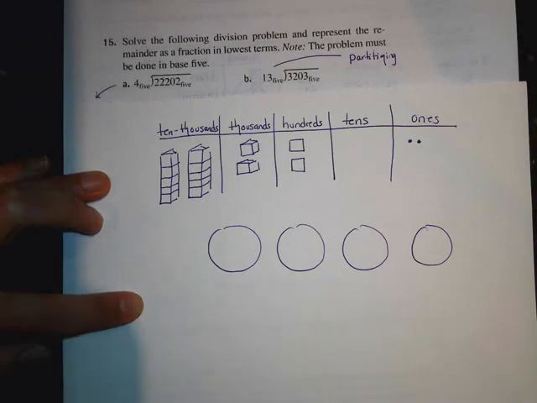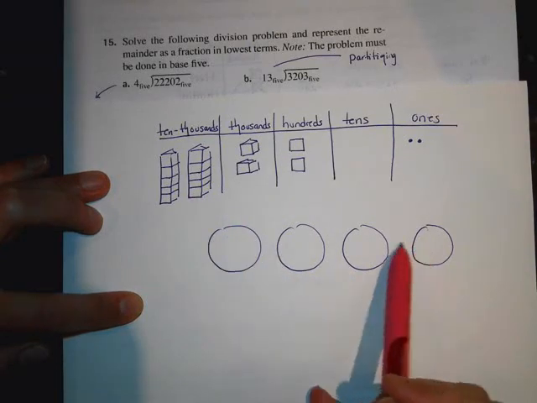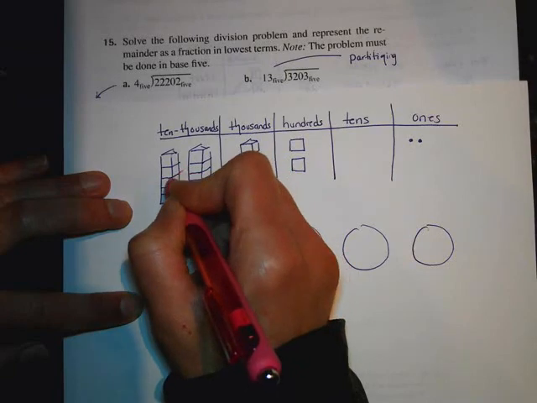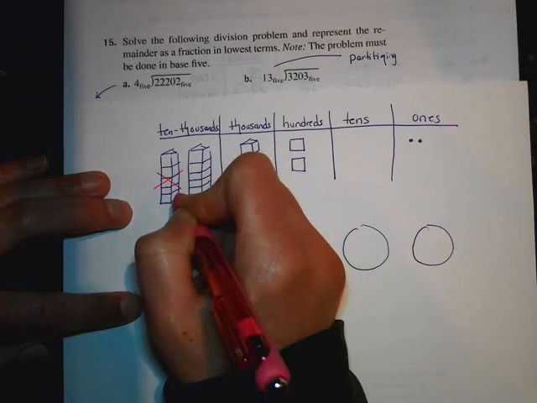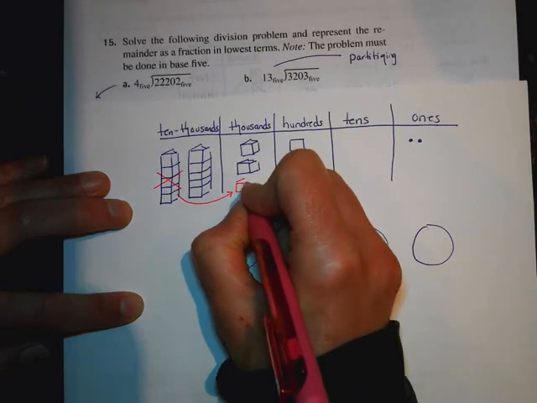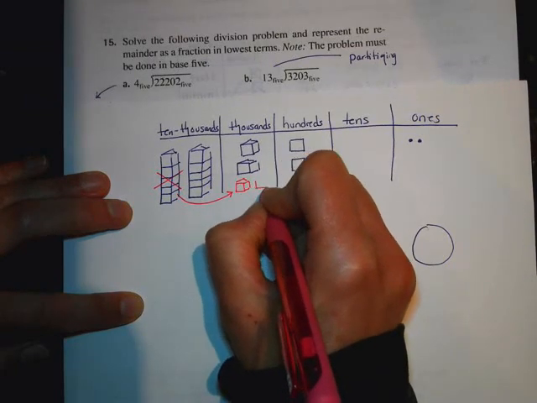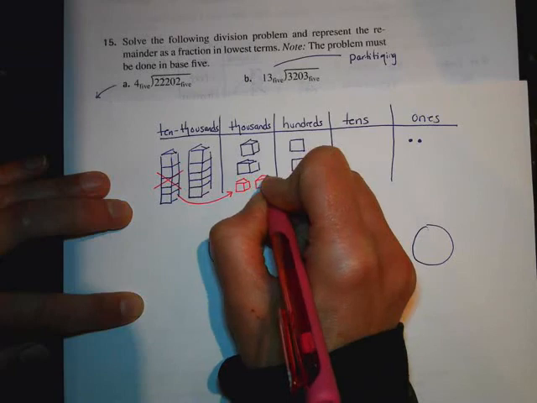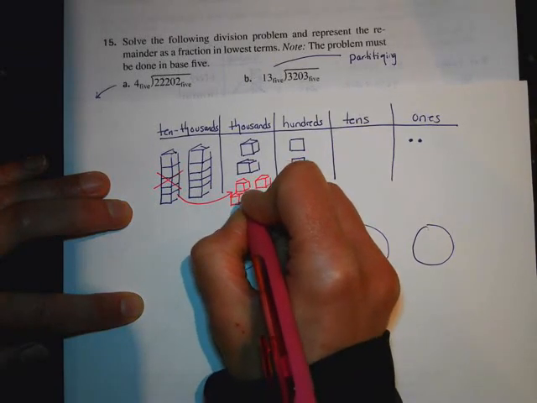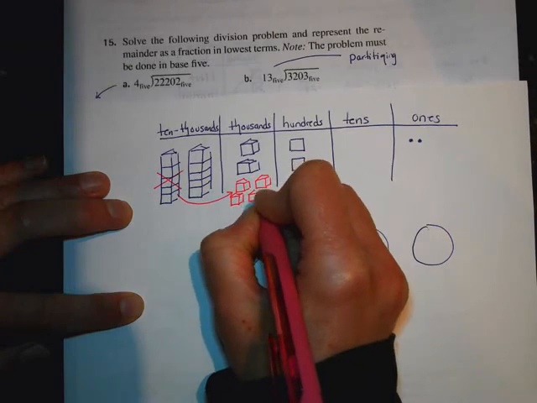All right, so I cannot share these 2 cubic longs, so when we break them apart, they are made into cubes. So we're going to have a bunch of cubes. I'm going to make them littler. I don't think I'm going to have enough room. So we're going to have 5 cubes from this cubic long.